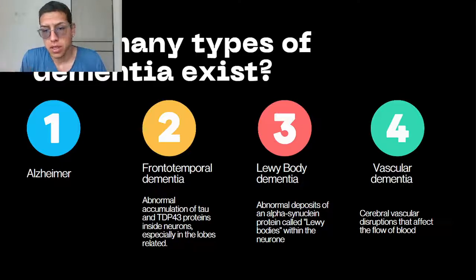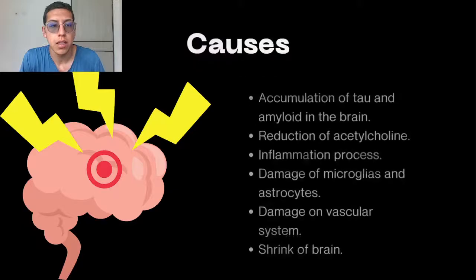And the vascular dementia is a dementia related with Alzheimer's. It is because the vascular system can't carry sufficient blood and glucose to the brain, so it starts to fail.